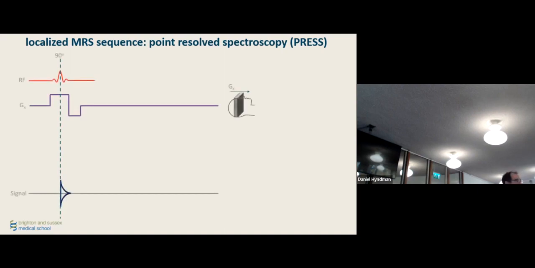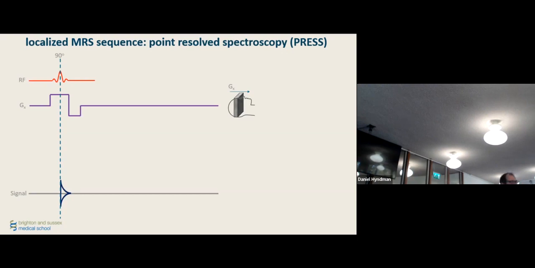Now, if this idea is understood, then we can go on and understand the simplest of localization sequences, and this is point resolved spectroscopy, or PRESS. We start with a slice selection, and this is the excitation pulse coupled with the gradient. This is the signal that is generated by it.